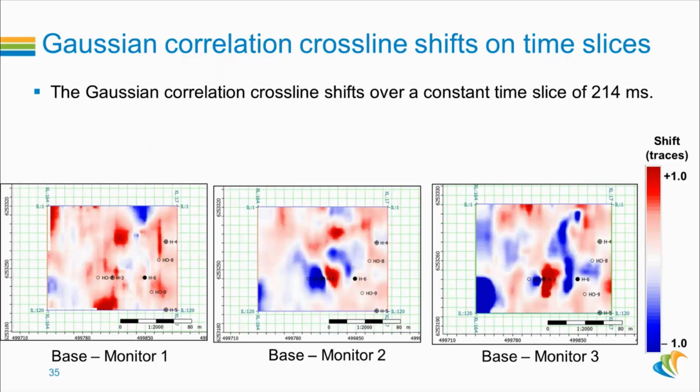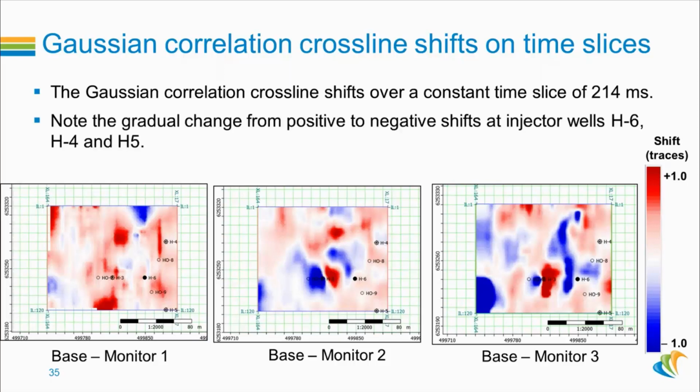Now here are the crossline shifts, and as we might expect, they indicate a gradual transition from positive to negative shifts at injector wells H6, H4, and H5.